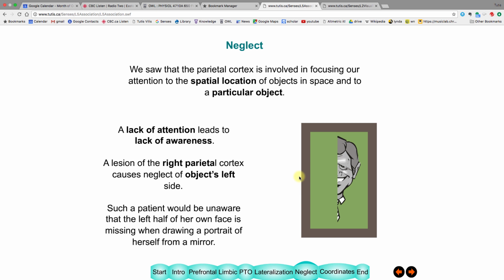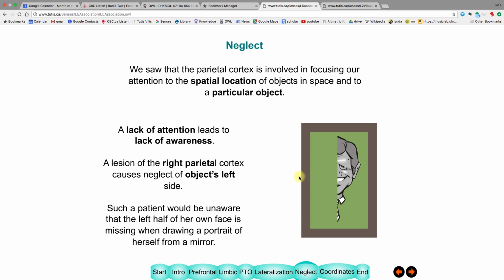And so I'll show you later, after this class is over, how if you have a lesion of the right parietal, you can be making a portrait of yourself in the mirror and just draw half your face.